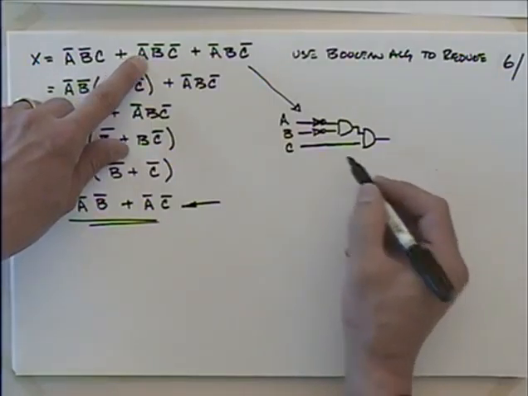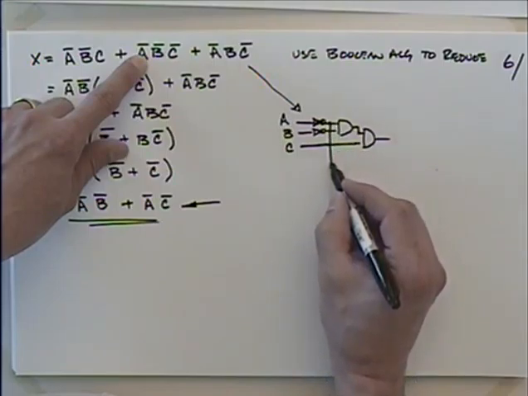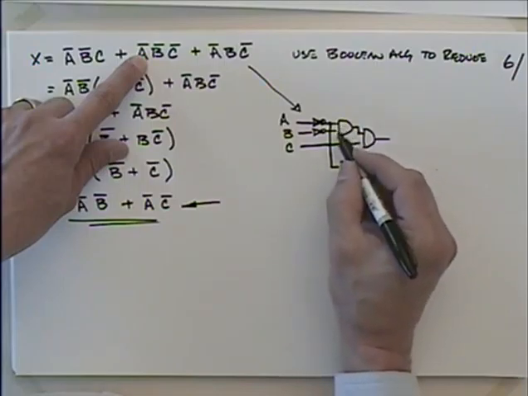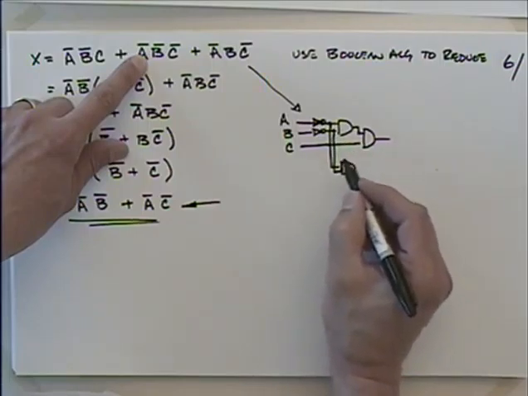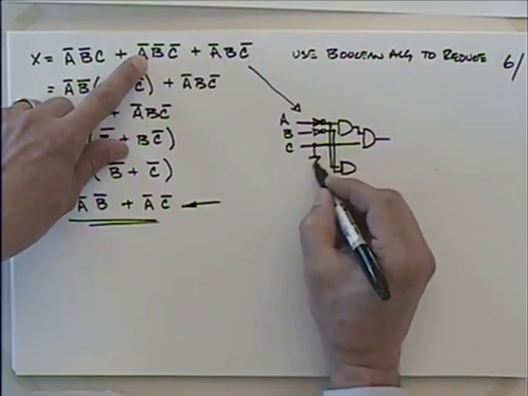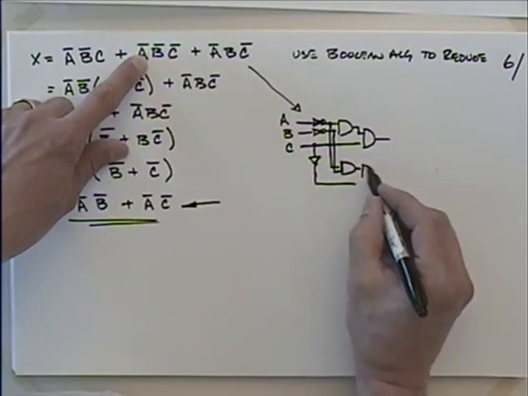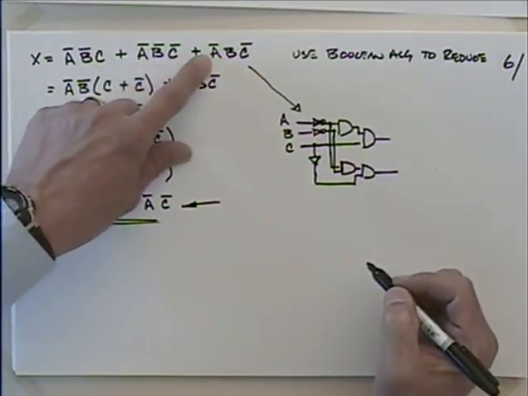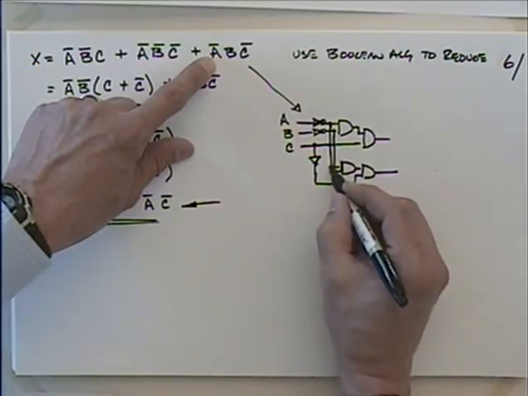And I need to take these two that are inverted. That's going to go into here. And this one that's inverted, I probably should have done that a little differently. And then put an inverter in this one. Okay, that's that one. And then what have I got with this one? I need A inverted, so I'm going to pick this up here.